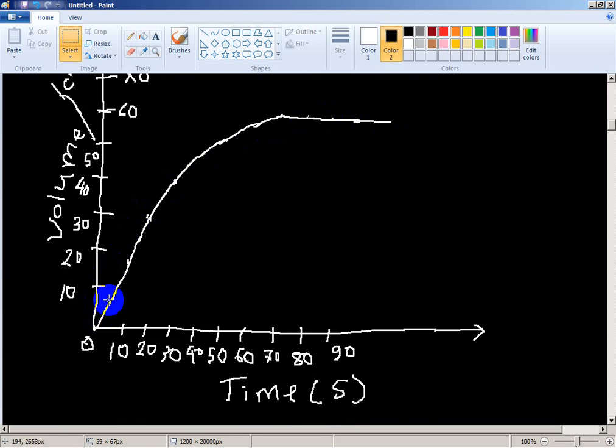So at the beginning steepest, S T E E P E S T, very steepest here. Then steeper, less steeper, this is flat, finally flat.